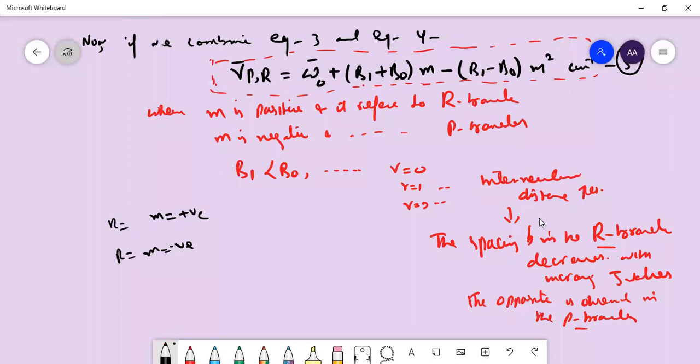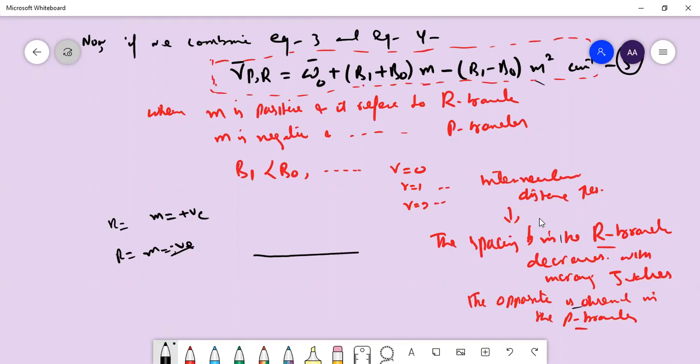As you increase the value of this, the negative term also increases, which means the separation between the lines in the spectrum will decrease slightly. However, if you substitute the values for the P branches, that is when M is negative, it will cancel this negative term and the spacing between the P branches increases.